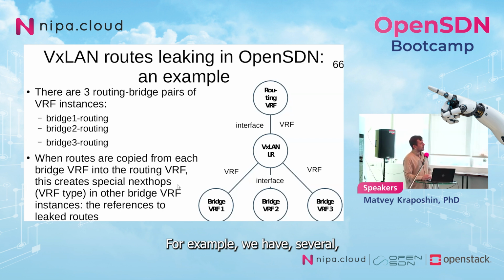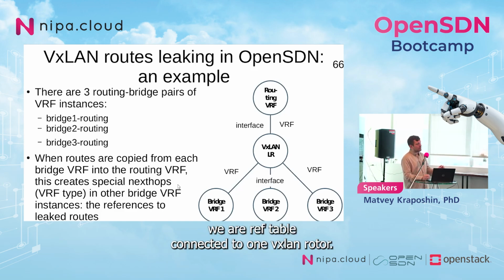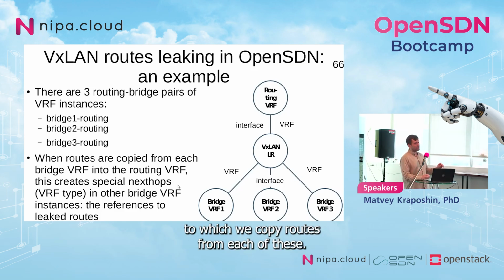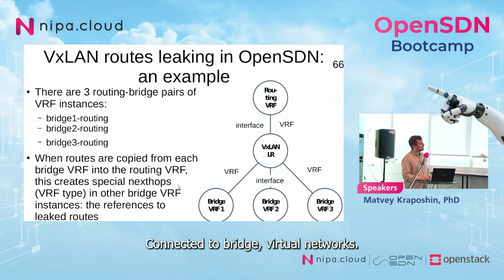For example, we have several networks with each VRF table connected to one VXLAN router, and it means that we have a fourth table to which we copy routes from each of these connected bridge virtual networks.